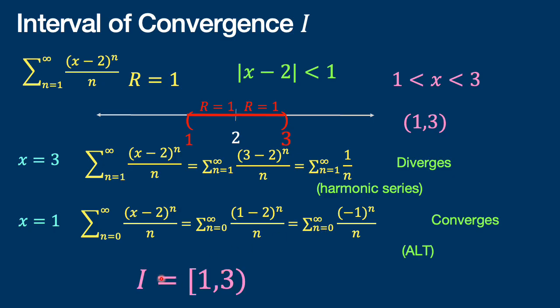So what is the interval of convergence here, guys? At x equals 3 it diverges. At x equals 1 it converges, so we include 1 in the interval. The interval of convergence is bracket 1, 3, parenthesis.